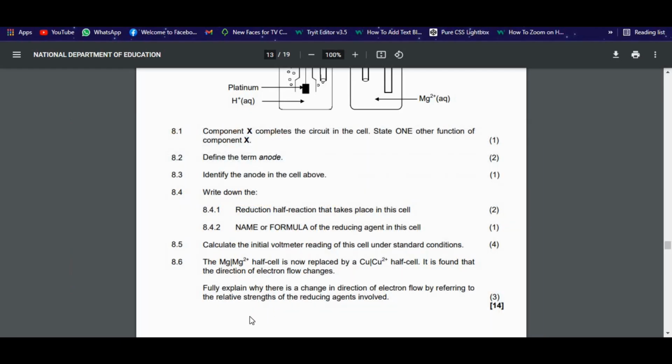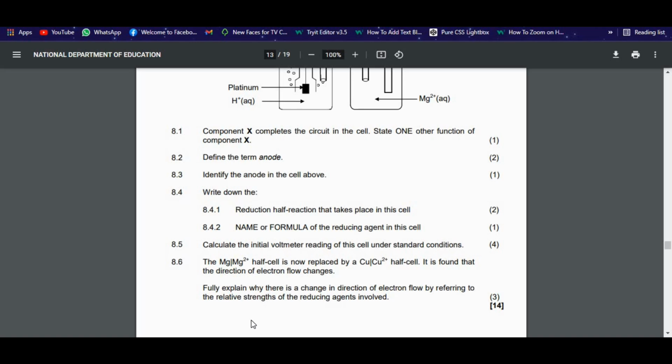Now the magnesium half cell, Mg2+ half cell, is replaced by a copper half cell, Cu2+. It is found that the direction of the flow changes. Fully explain why there is a change in direction of electron flow by referring to the relative strengths of the reducing agents involved. Well, the first thing to do to answer this question, again, is to have a look on the table of standard reduction potentials.